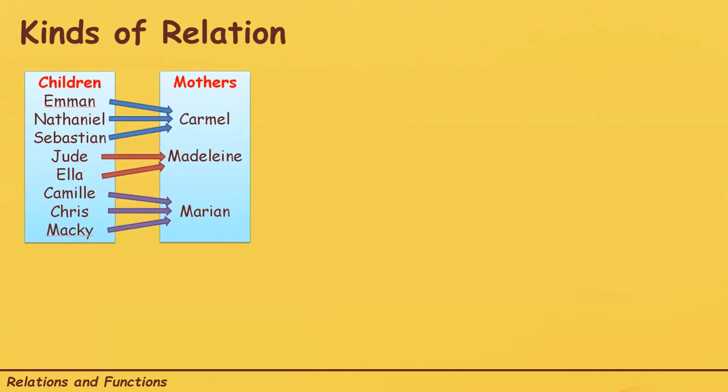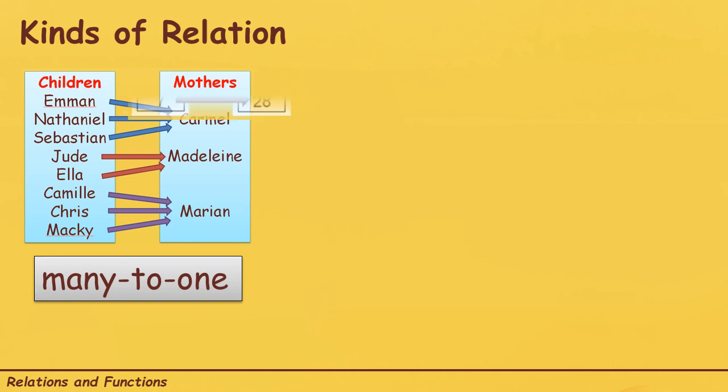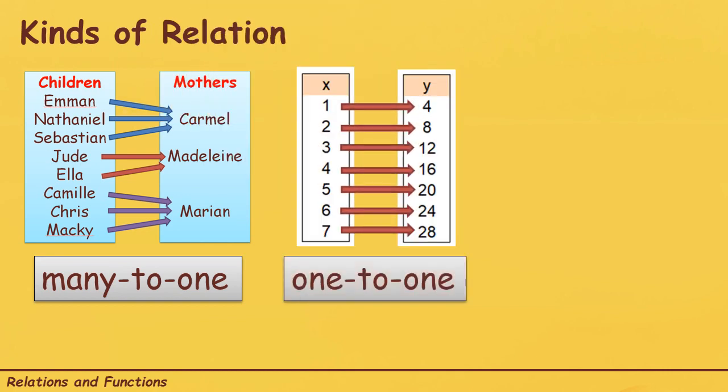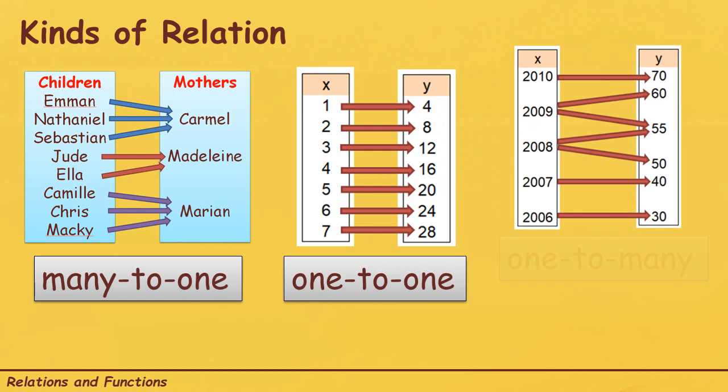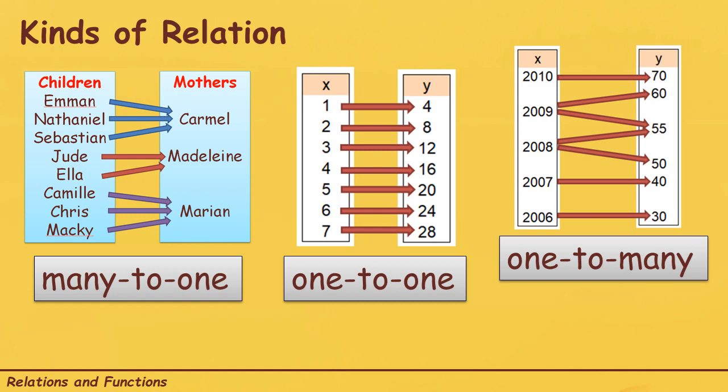Okay, so paano natin malalaman kung ang relation ba is function or not function? So balikan muna natin lahat ng kinds of relation. We have many-to-one relation, one-to-one relation, and one-to-many relation. So base sa ating definition ng ating function, meron ditong isang relation or kind of relation na hindi function.